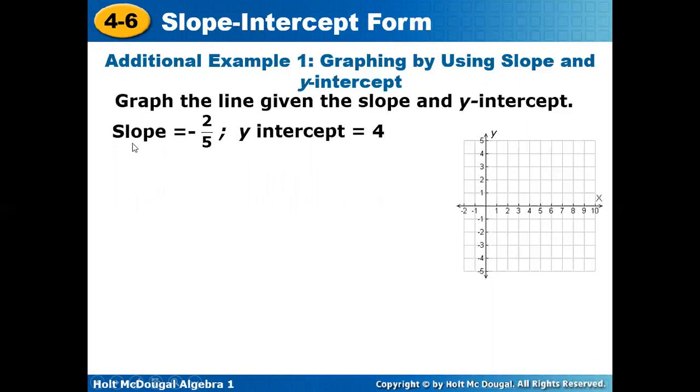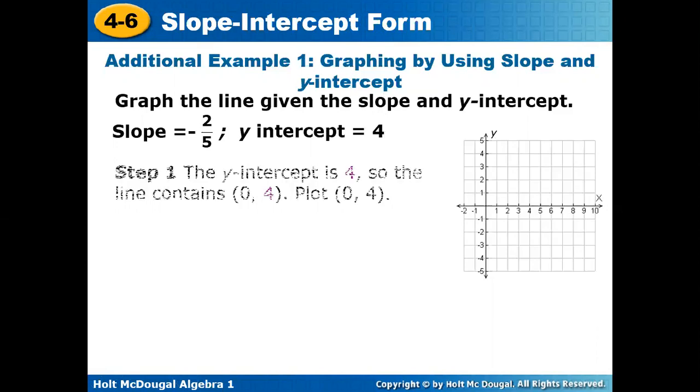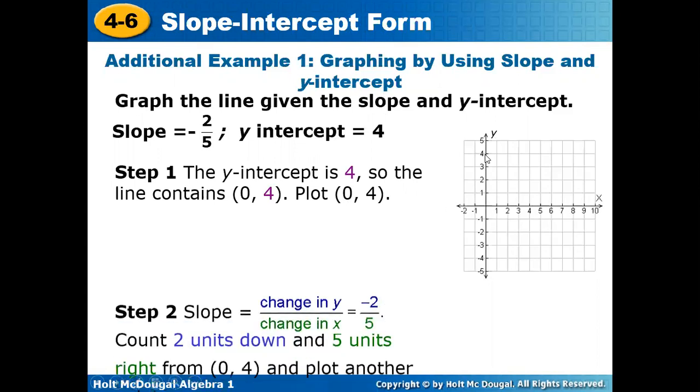And then the slope is -2/5. We remember that the slope is the ratio between the rise and run. So first, we can write the point, which is (0, 4). Put it here.